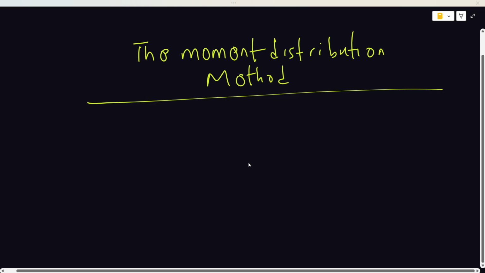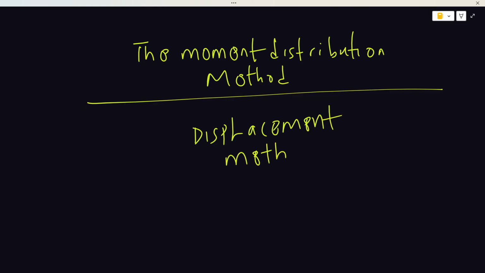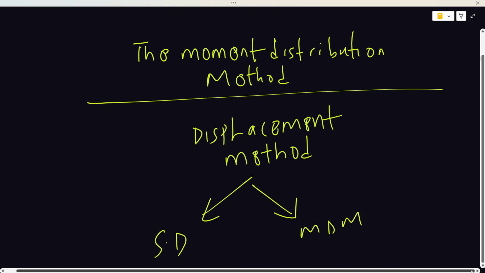So, moment distribution method. Now this is a very interesting topic. Remember, I made emphasis on the displacement method for solving indeterminate structures. Apart from slope deflection, we have the MDM, which is the moment distribution method, under this displacement method.